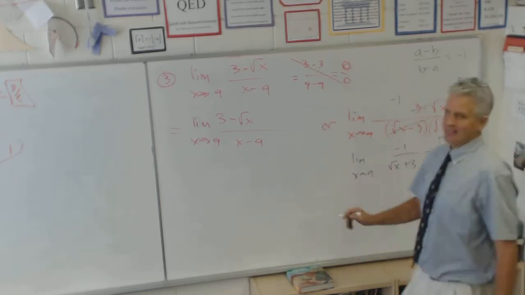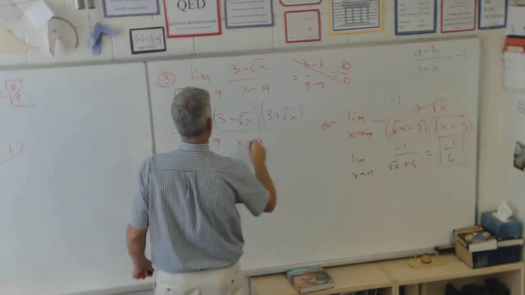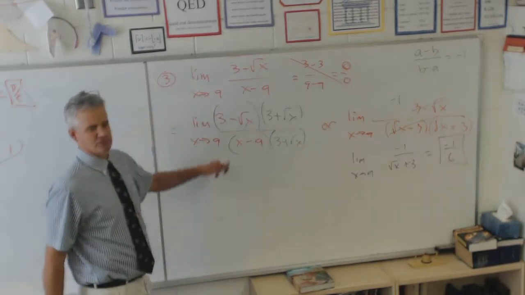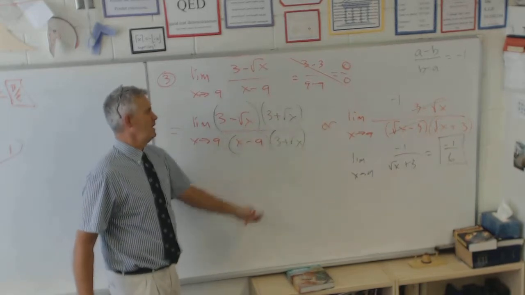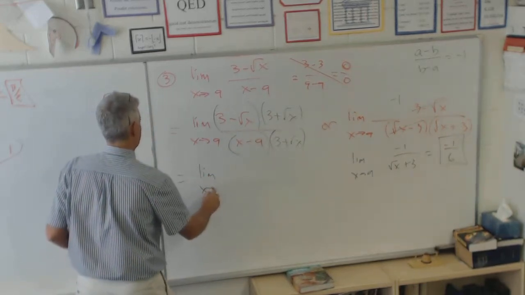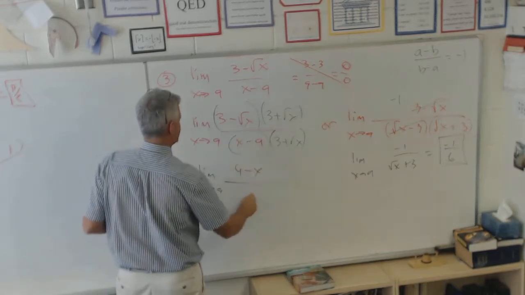The other method is to multiply by the conjugate. 3 plus root x top, 3 plus root x bottom. So we took the 3 minus root x, we multiplied by 3 plus root x top and bottom. The top then can be expanded into 9 minus x.